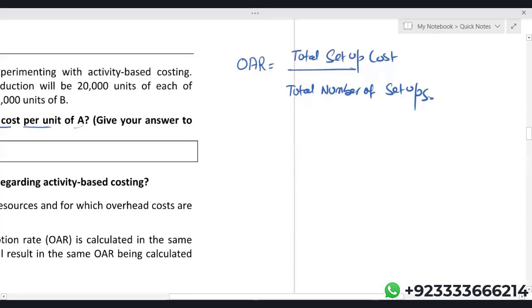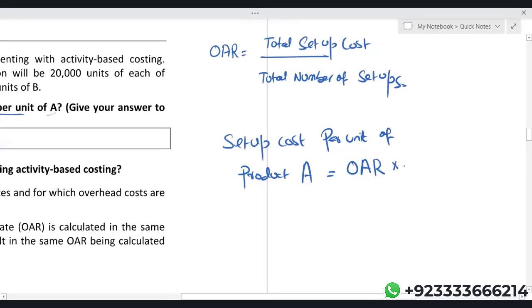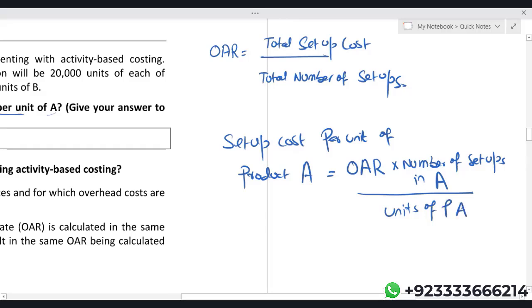Then the setup cost per unit of product A is equal to the overhead absorption rate per setup multiplied by the number of setups in product A, divided by units of product A.